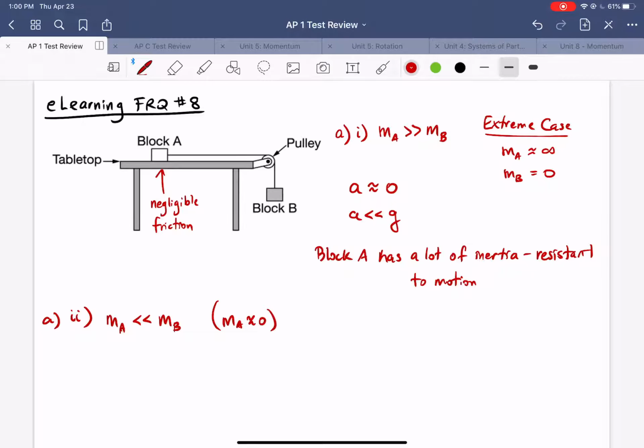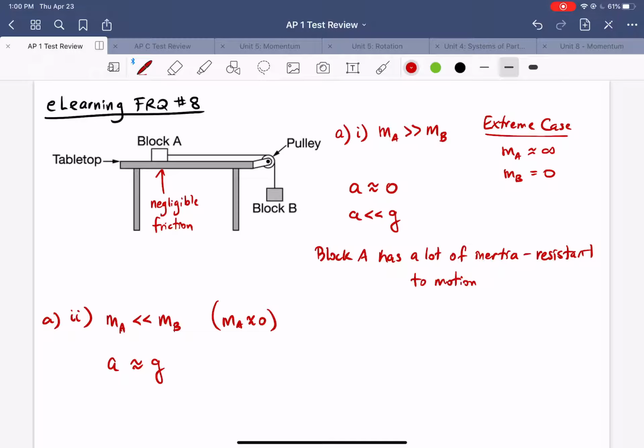Well, then there's basically nothing holding block B back from just falling. It's like there's nothing attached to block B at all, and you just let it fall. What would its acceleration be in that case? Well, the acceleration would be roughly equal to g. It would just fall under the influence of gravity.